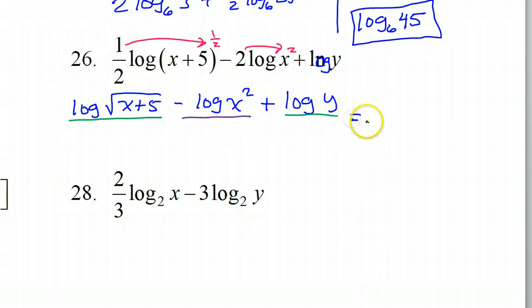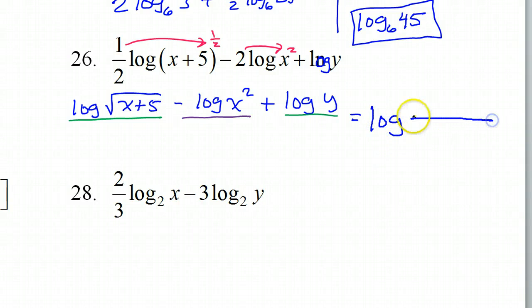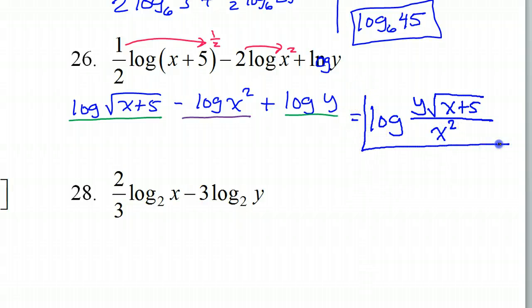Okay, so that's why the final answer will be log, see numerator, numerator. So I see that x square root of x plus 5. I need to multiply by y, but traditionally we would put that in front. And in the denominator, I will have x squared. So that will be the final answer for number 26.